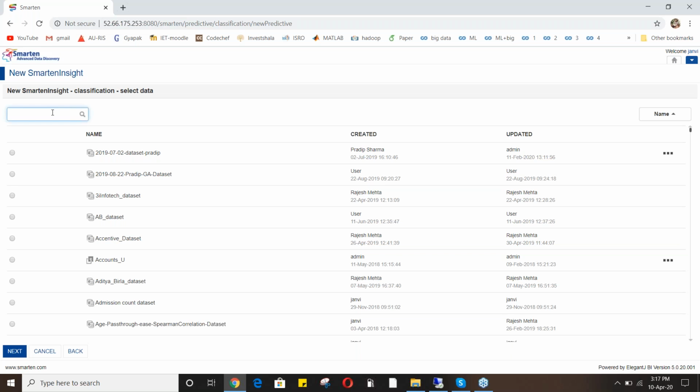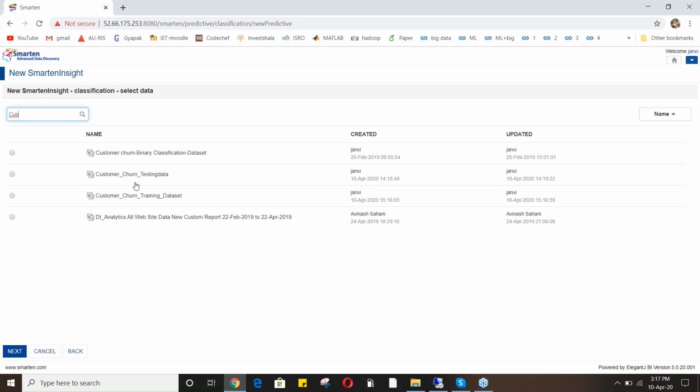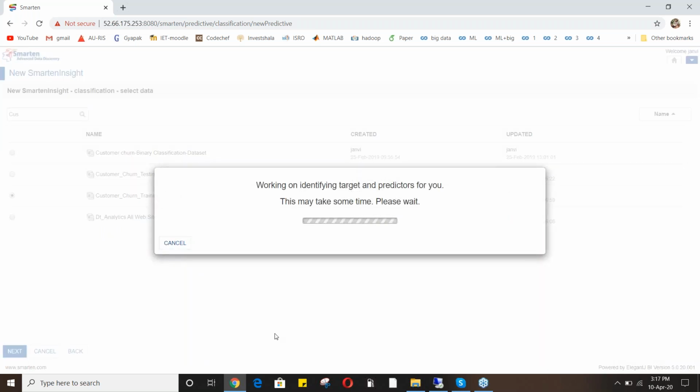So the next step is we need to select our data set. It is working on identifying the target and predictors automatically for us. So it may take some time.